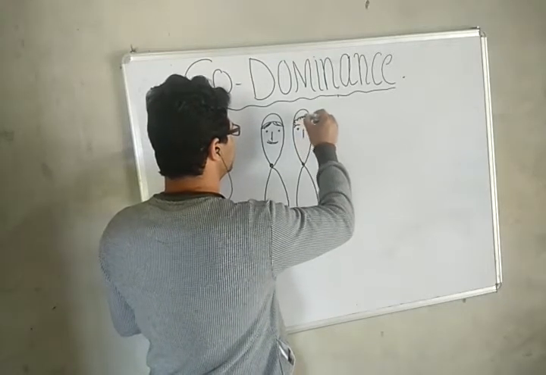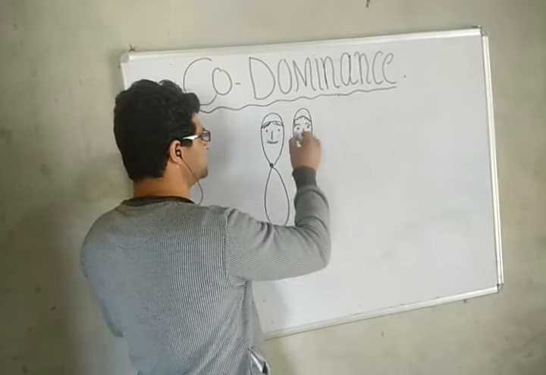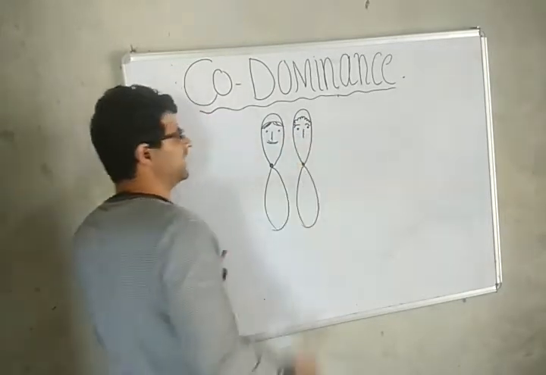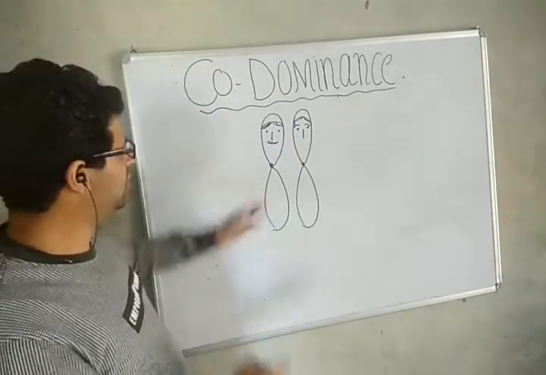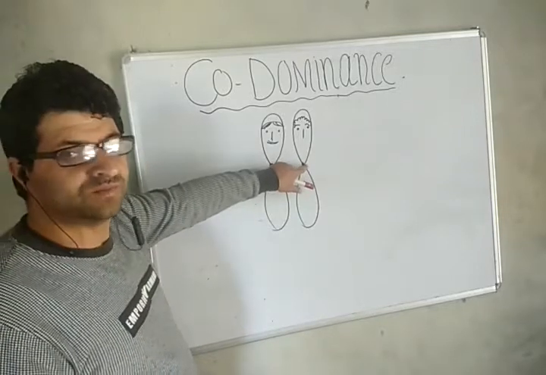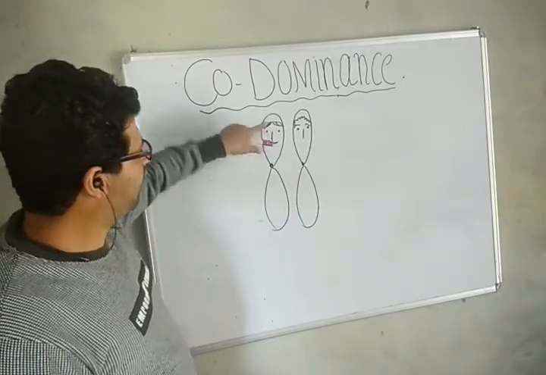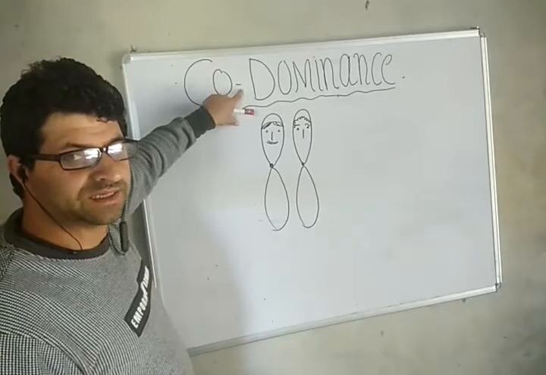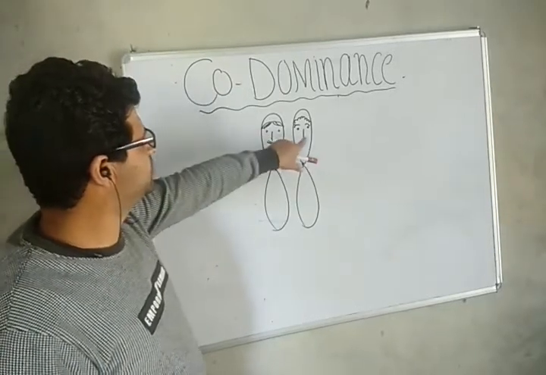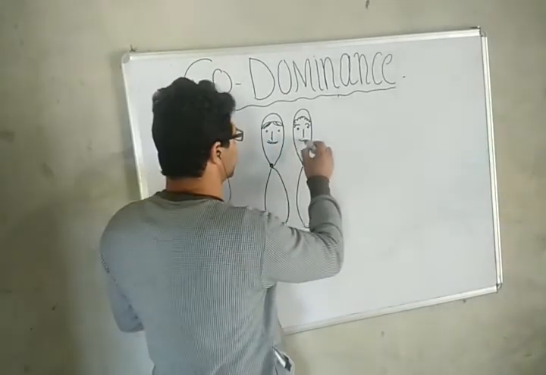Say for example, this factor is coming from the maternal side. So there are two chromosomes in a cell, one coming from the paternal side and another from the maternal side.